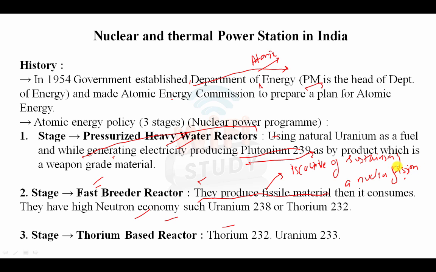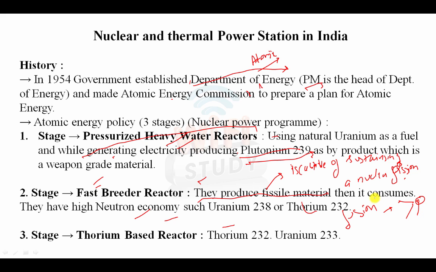And what is fission? Everybody knows, breaking one atom into two or more parts. Okay, breaking one thing into two or more parts is a fission. And what is fusion? Joining two or more things into a single thing is a fusion.